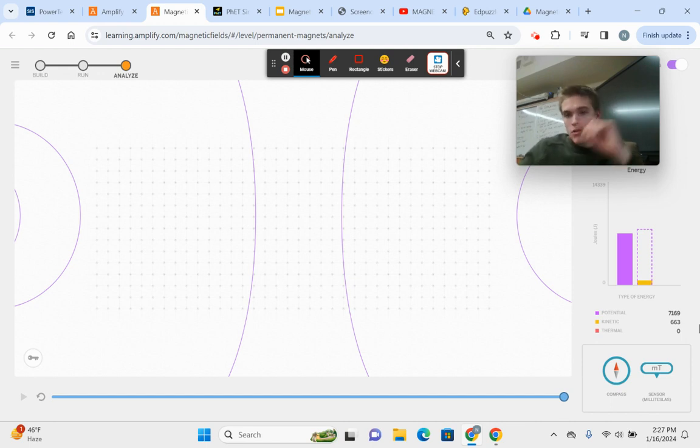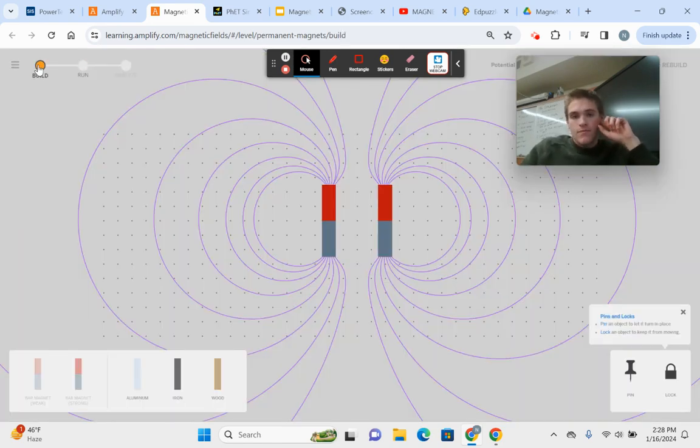That is a much larger choice. So the key concept here is that stronger magnets can cause greater kinetic energy.